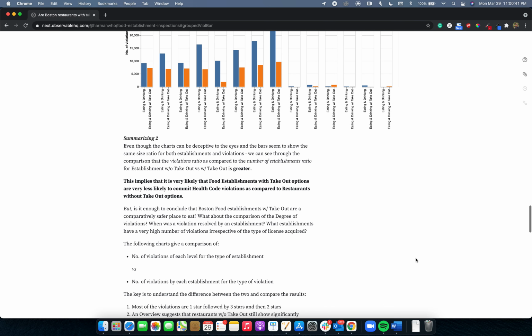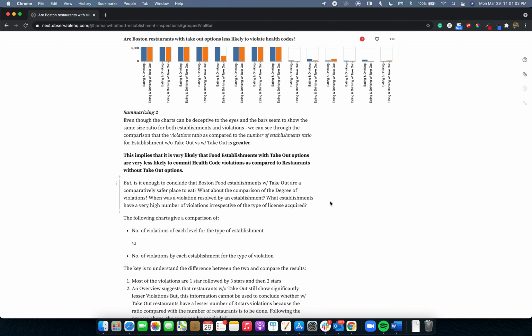This implies that it is very likely for the food establishments with takeout options to commit health code violations, as compared to the restaurants which do not have takeout options.